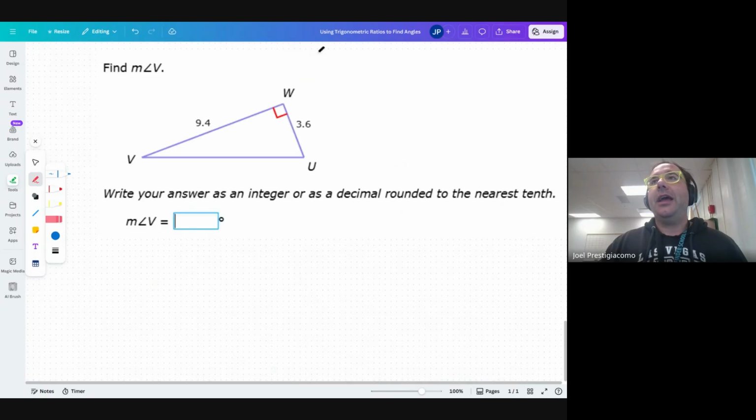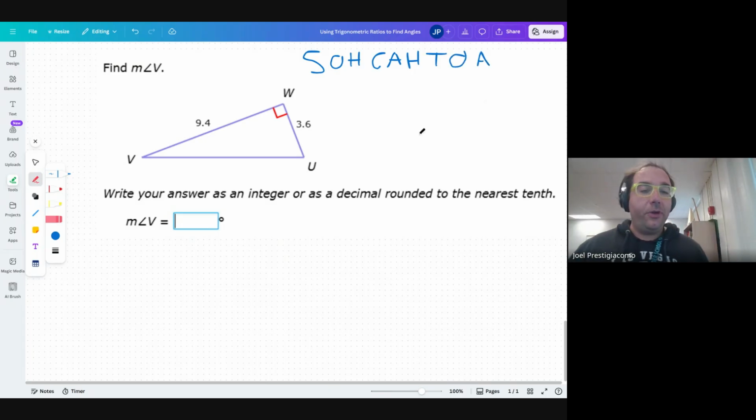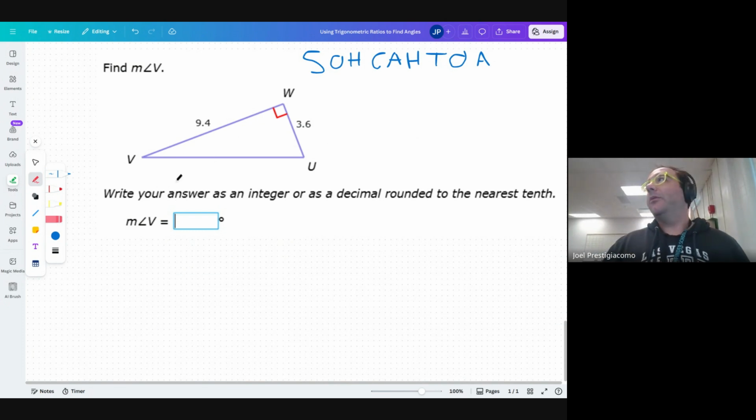The last one we're going to look at uses our third trig function. Again, make sure you are considering all three options based upon what's given in the problem. We're going to start here with angle V. That's what they're asking for.